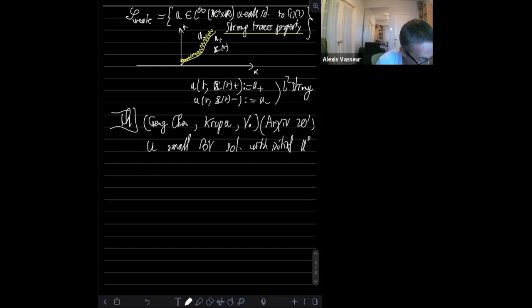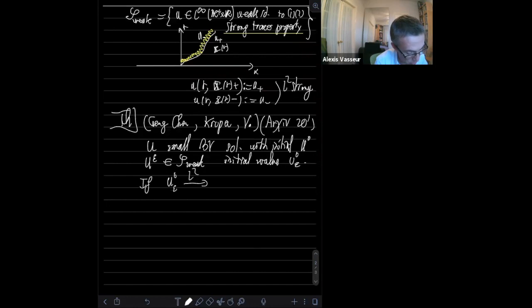So you consider a family, U epsilon, of solutions which are all S weak, with the strong trace property and with initial value U0 epsilon. And what I claim is that if U epsilon 0 converges strongly in L2 to U0, for the initial values, then your U epsilon converges strongly in L2 to your U.